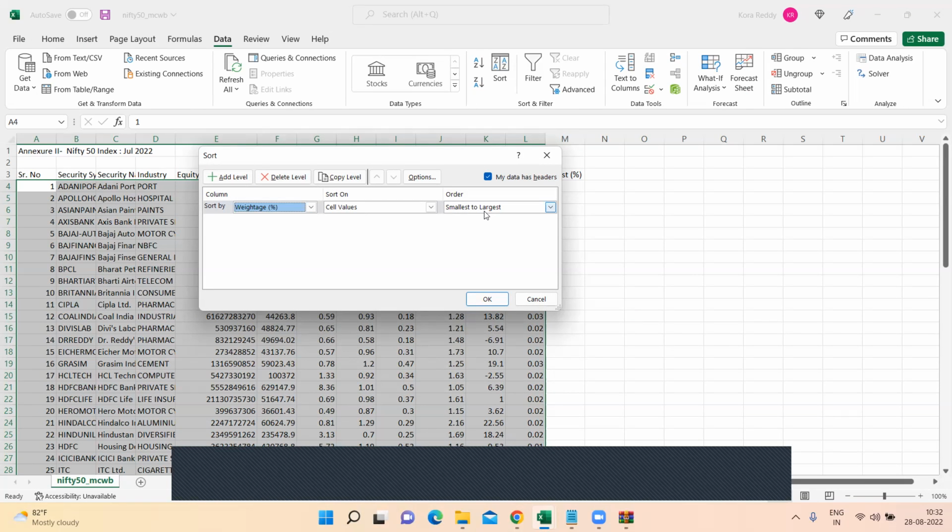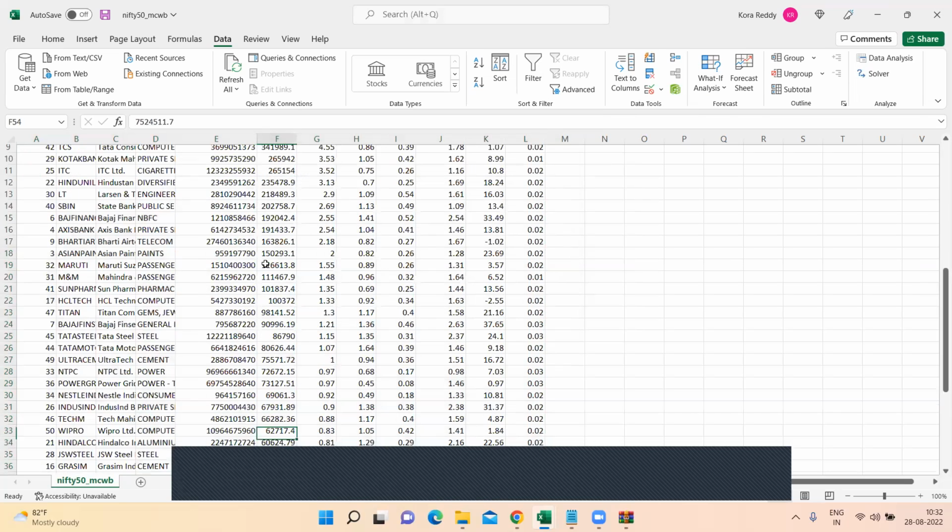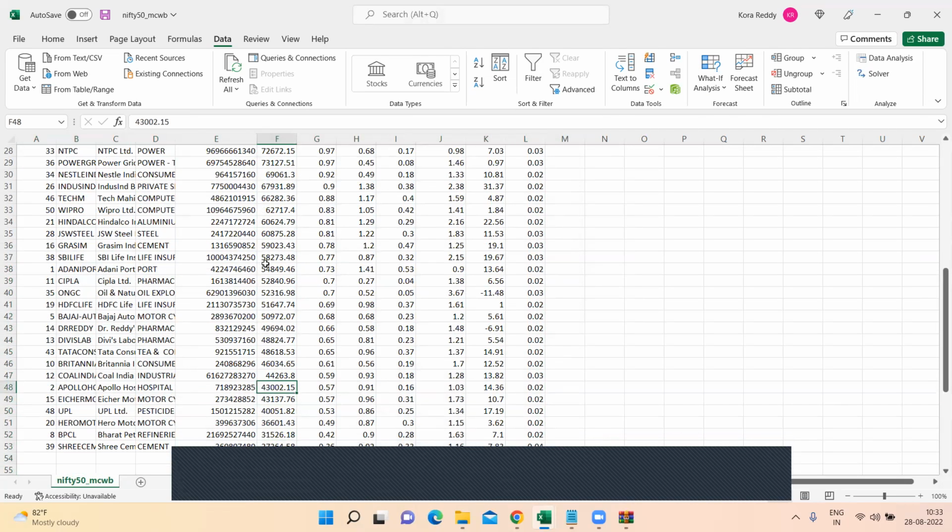Just doing it. It's NTPC to show. Right, so Coal India rank is almost bottom, right? 44. Now, if you take, let's say, this stock, Hindalco.